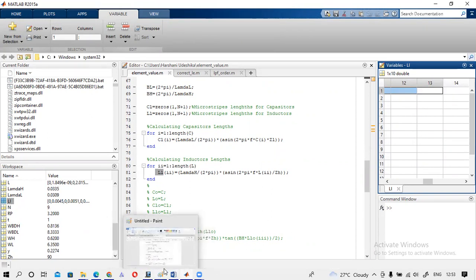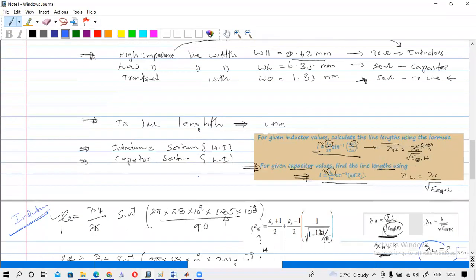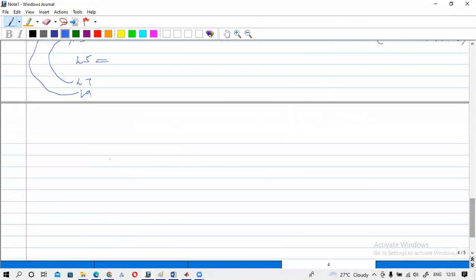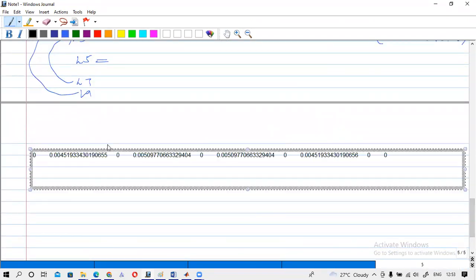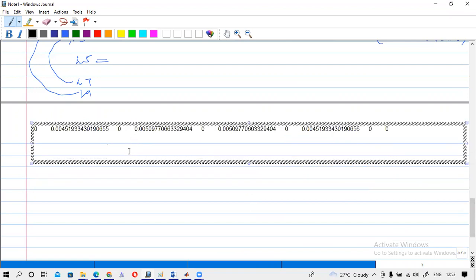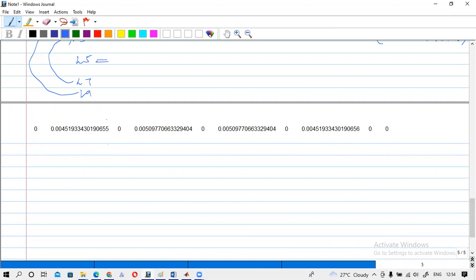Now we have calculated all the parameters. So these are our capacitance length. Sorry, inductance length. These are our inductance lengths.